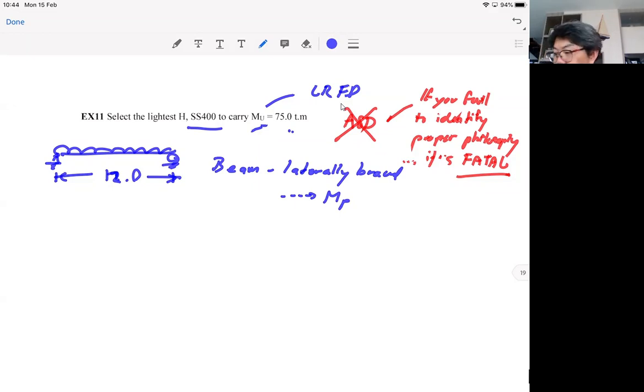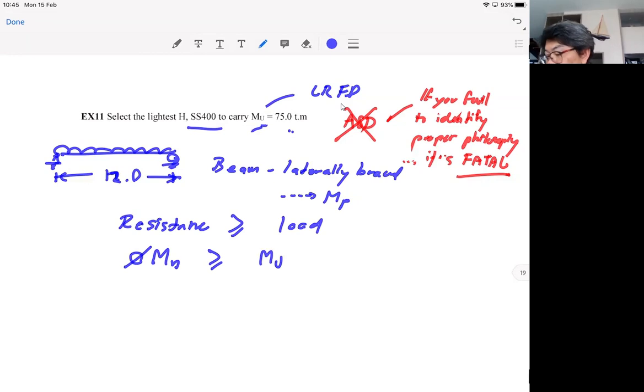Now remember that our general concept is that our resistance should always be greater than or equal to the load. And in this case, our resistance is phi Mn, right? It should always be equal or greater than the load, which is Mu. So if I can say my nominal moment is Fy Zx, this becomes phi multiplied by Fy and then plastic section modulus about the x-axis, right?